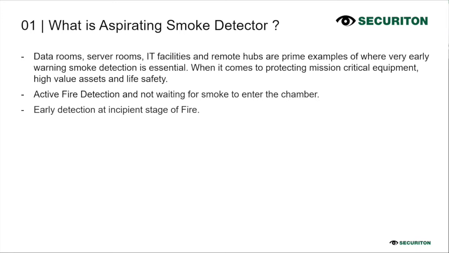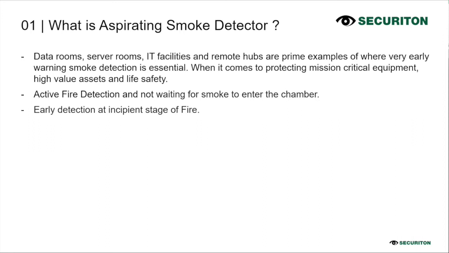The system's alarm is triggered and signals are then processed through centralized monitoring stations within a few seconds of fire. So it is a very highly sensitive system, giving you indications at the very incipient stage of fire.